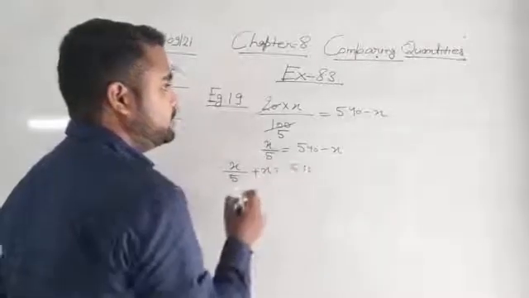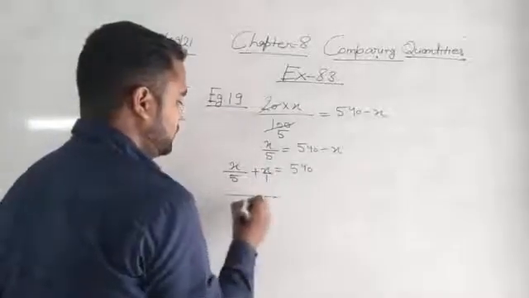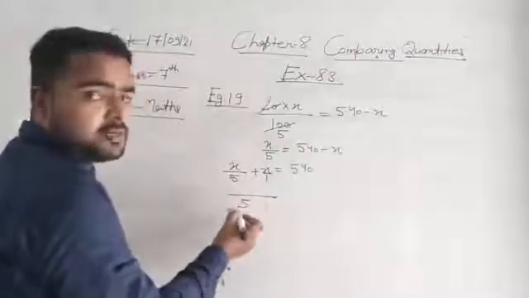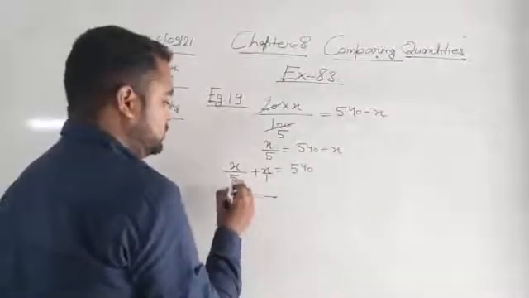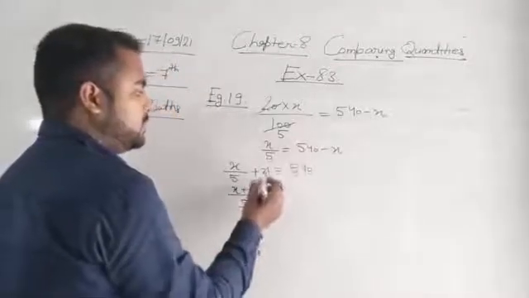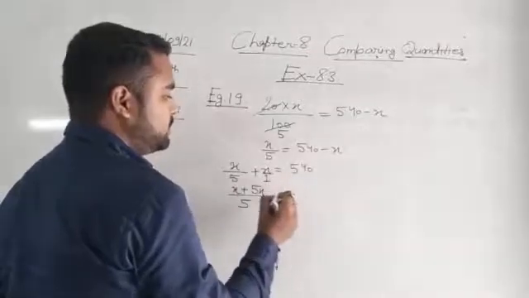When you solve it, X by 5 plus X, 5 is the LCM. When 5 is divided by 1 we get 5 as the quotient, and 5 multiplied by X gives 5X.